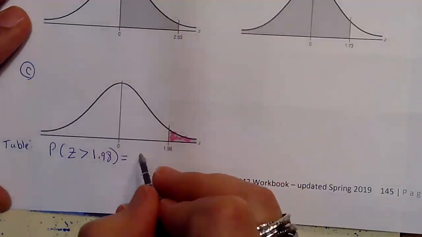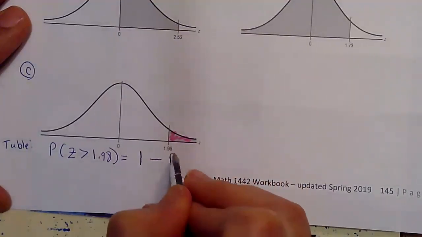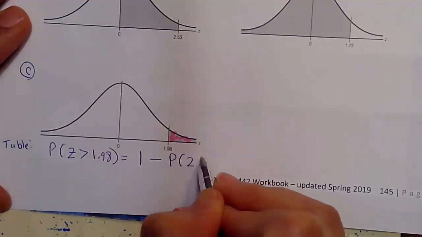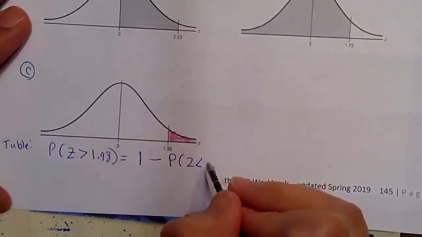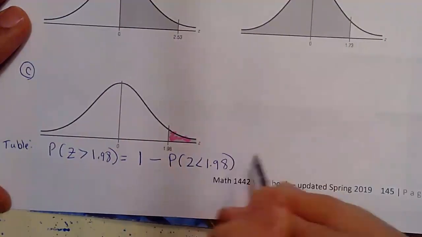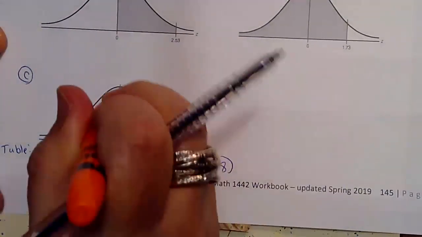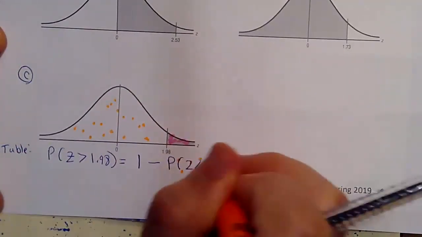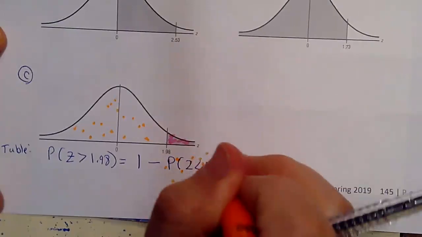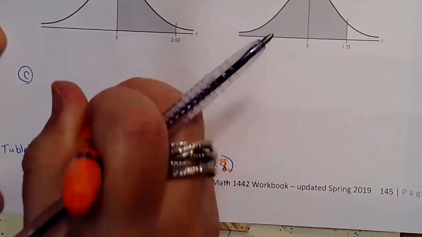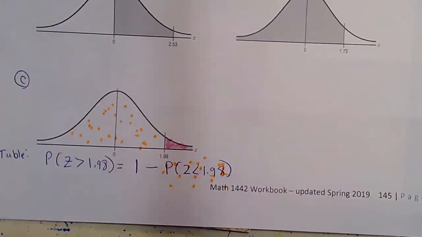The whole area underneath the curve, 1, minus the probability that z is less than 1.98. So we're taking this away. Okay. And we're trying to find that pink area there.